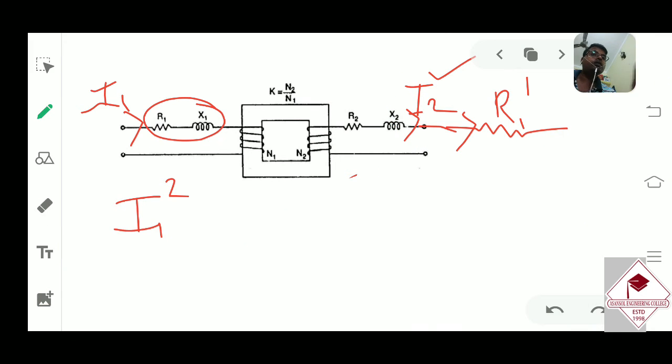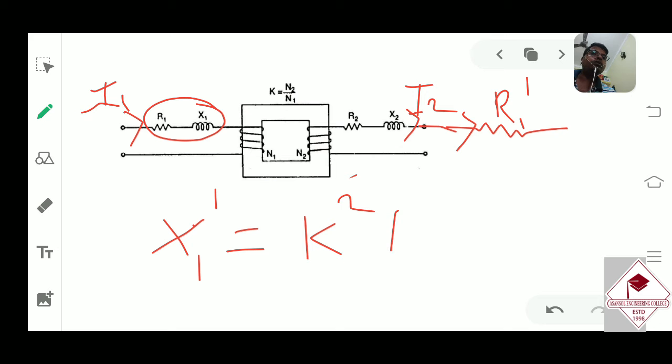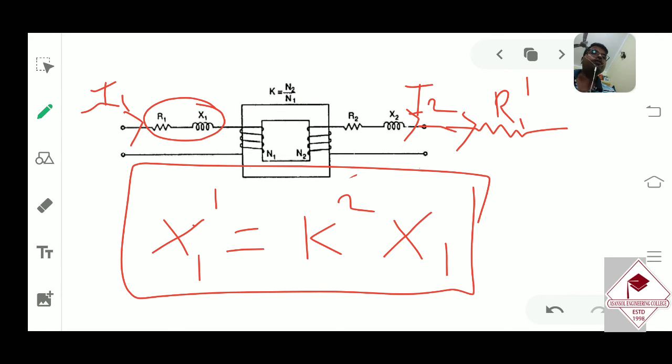The loss or the power should be the same. If we transfer it, we again get the formula that X1 dash will be equal to K square into X1. So these are the formulas for primary referred to secondary side. We will see later on how.